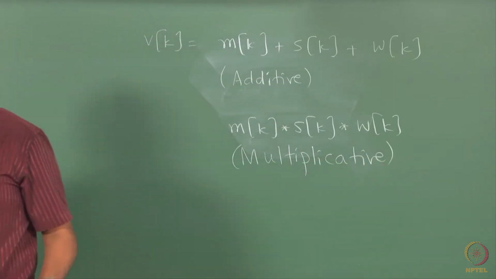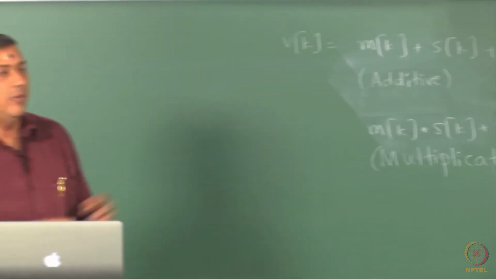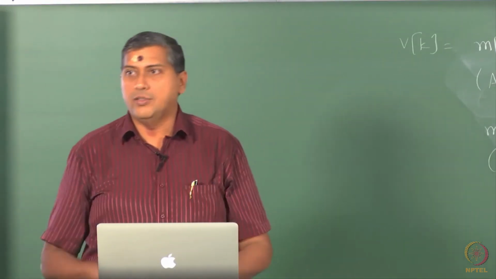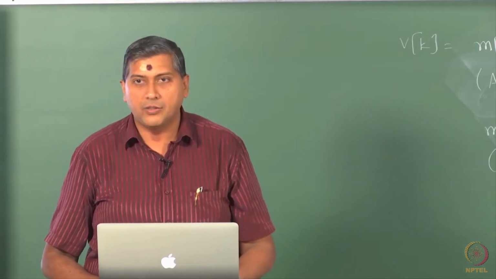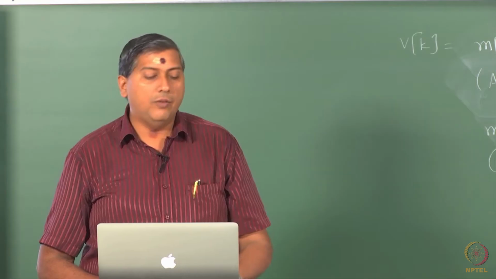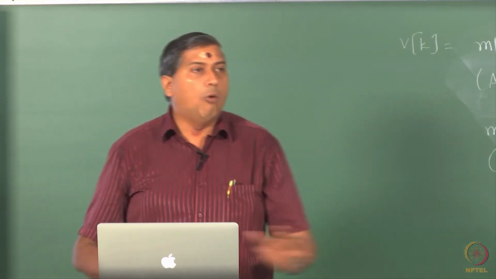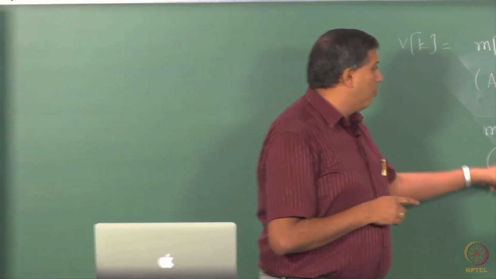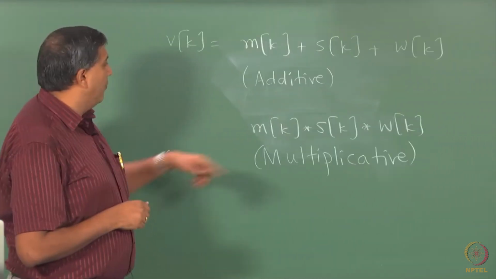Now, how do I figure out whether the additive model or the multiplicative model is better suited? One of the ways, although it is not a very foolproof way of doing it, is to look at what this model says. Let us look at this model and then I will show you the example.